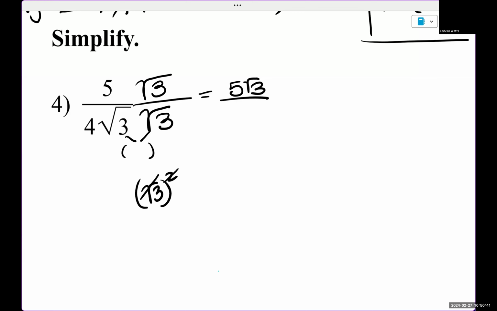This comes out as a 3. Or you could say rad 3 times rad 3 is rad 9, comes out as a 3. So does everyone see that that's a 12 on the bottom? Okay, so now the big question is, can I cancel an inside 3 and an outside 12? No? This one's done.